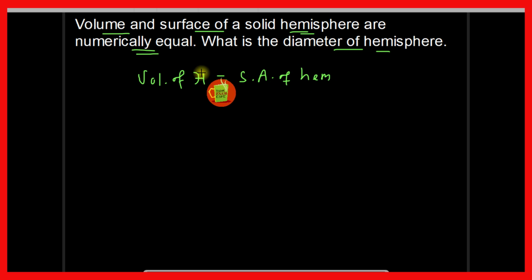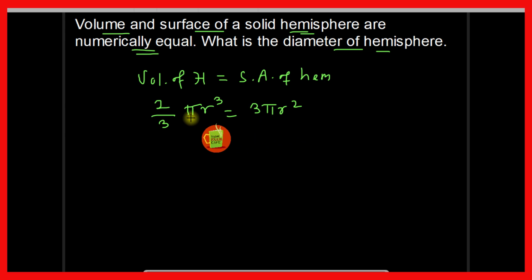It means the units are not taken into consideration, only the numbers are equal. So volume of hemisphere, that we calculate by the formula 2 by 3 pi r cube, and the surface area of hemisphere, that is total surface area, curved surface area plus the area of the circle, so that will be 3 pi r square.